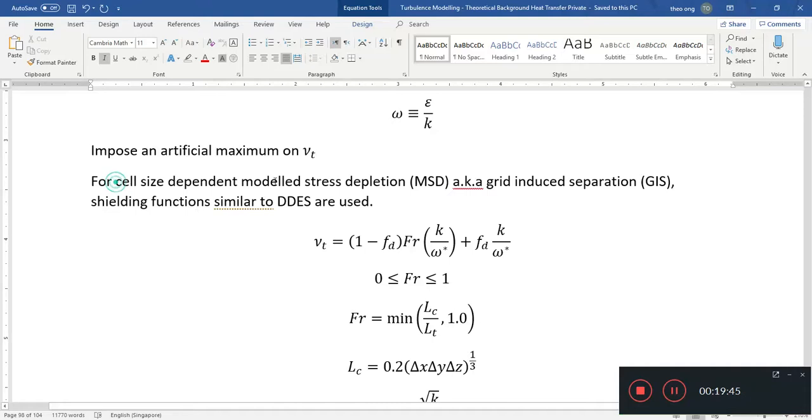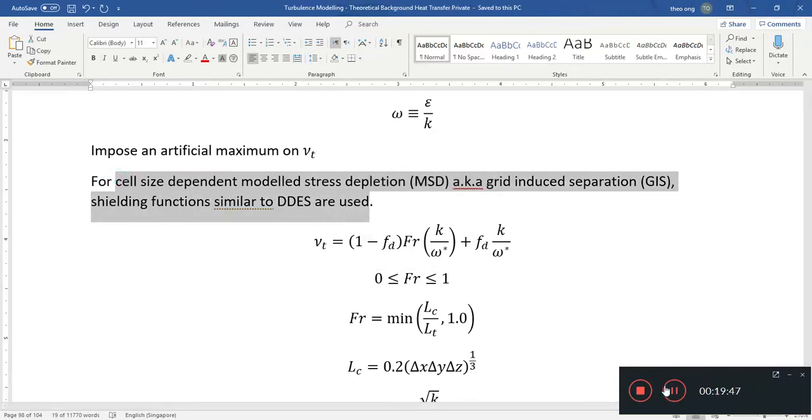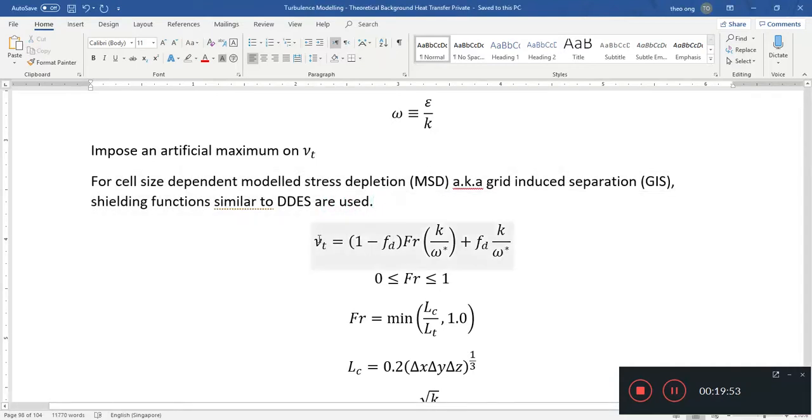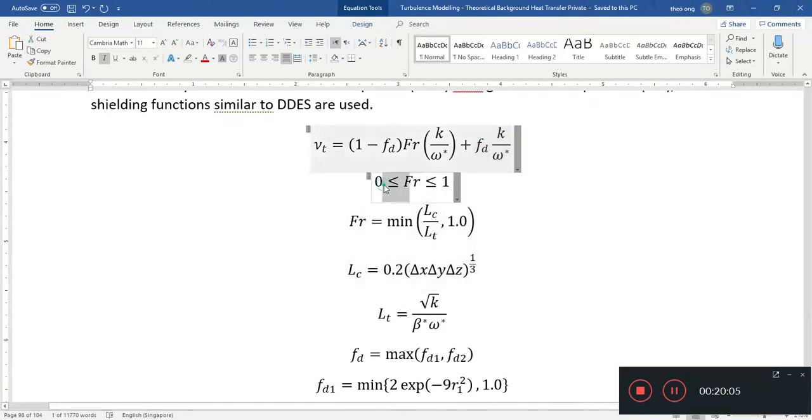Similar to the ways we dealt with model stress depletion before, there are some shielding functions. Over here we have a blend between, I think, the wall side viscosity, and then of course this one is in the free shear zone. This function goes between 0 and 1.